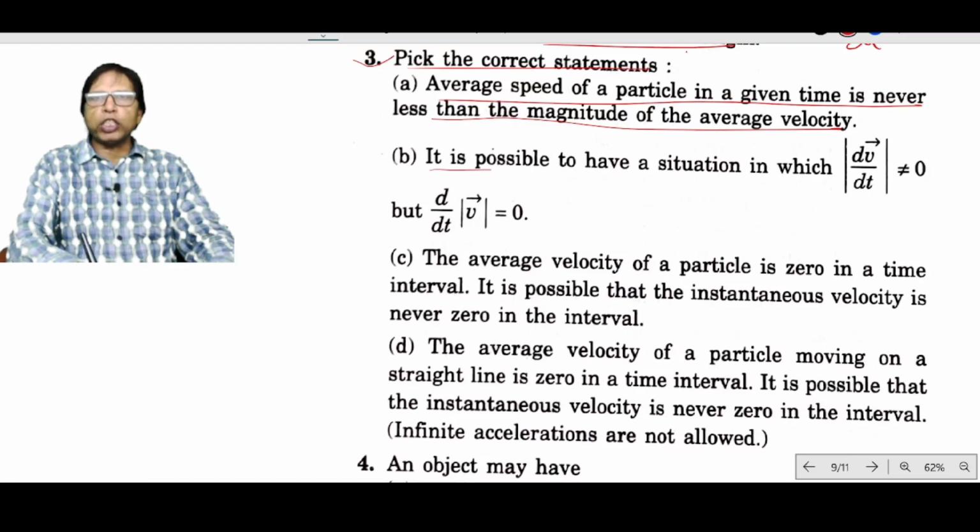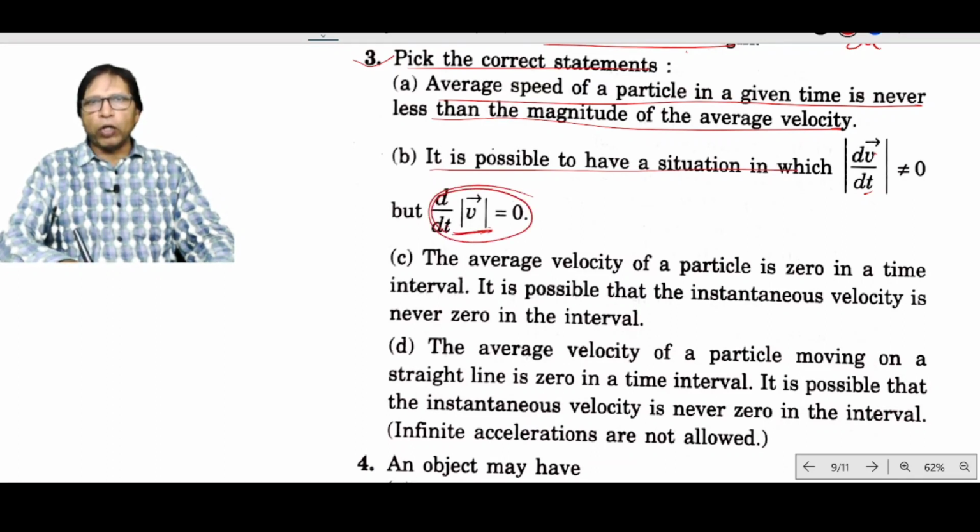It is possible to have a situation where d v vector by dt is not equal to 0, but d of the magnitude by dt is 0. This is due to change of direction as well as magnitude. For a uniform motion in a circular path, one is 0 but the other is not 0.